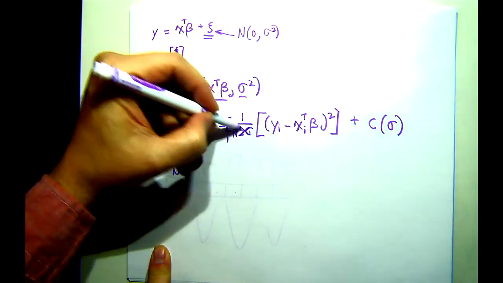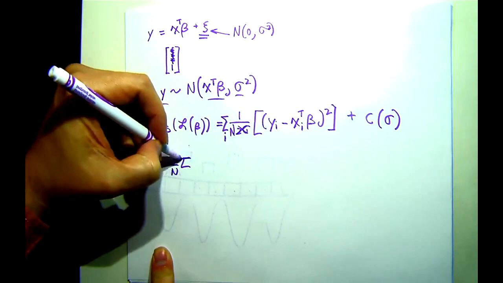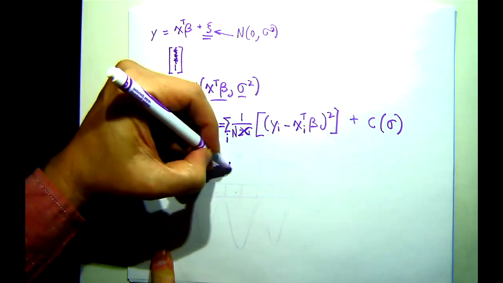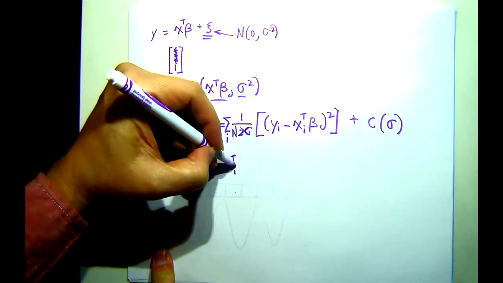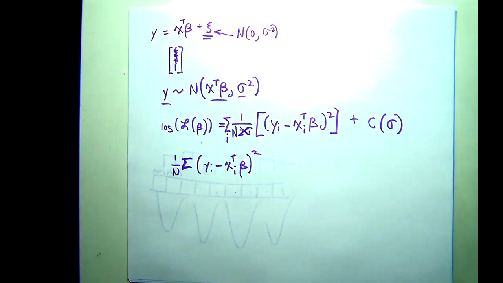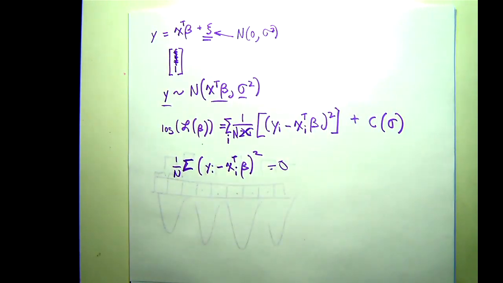Actually, this guy is pushed out there. That's a sigma. And just copying this, it comes out to be that. We set this equal to 0, and we can do the differential and actually get the maximum likelihood.